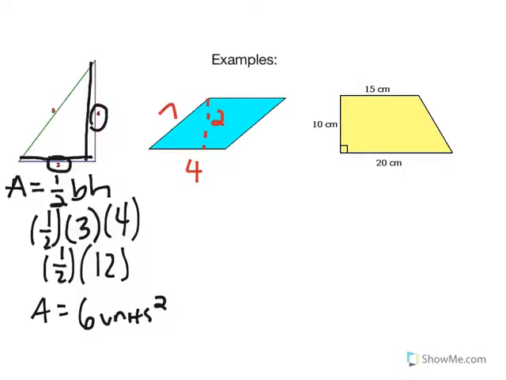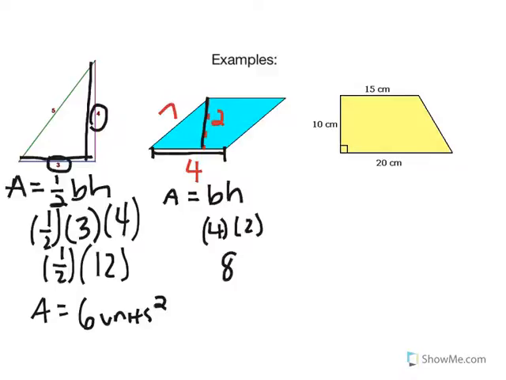So the area of a parallelogram is area equals base times height. So now I gotta plug in our base and our height. Our base is 4, and our height is 2.